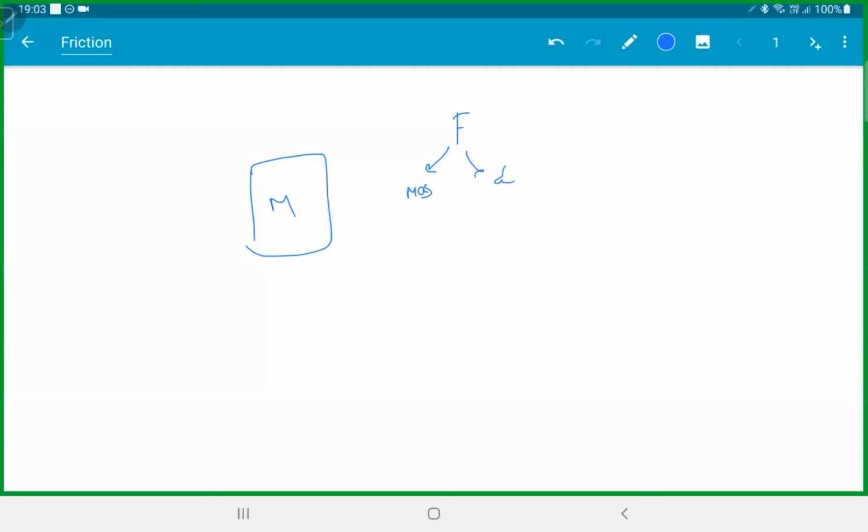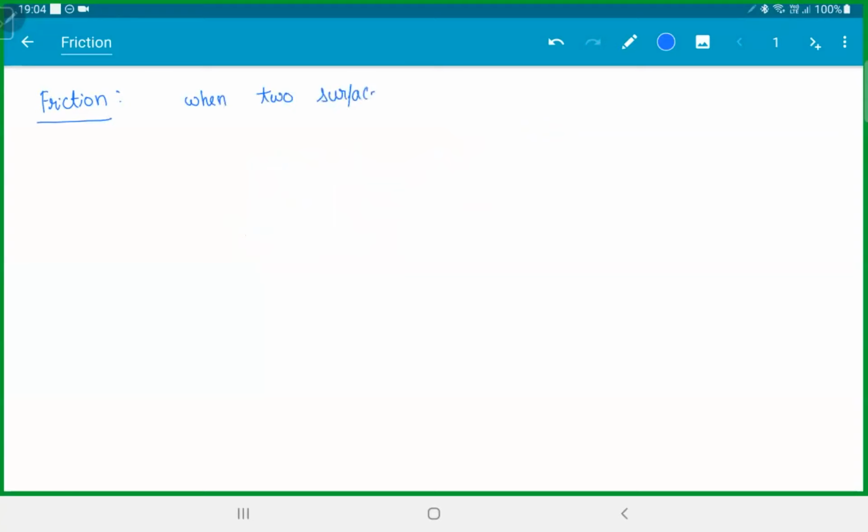Now let's see why it is such a weird thing to find direction and magnitude. Friction has only one purpose in life: when two surfaces are in contact, there is an opposition to the relative motion between the surfaces.